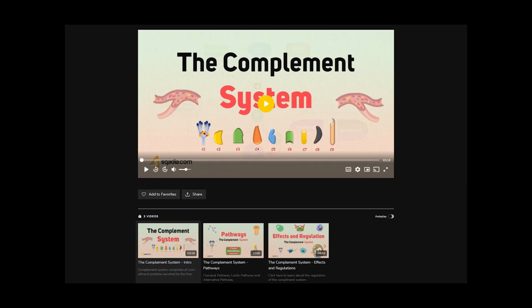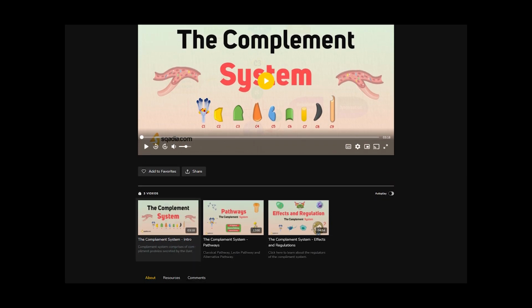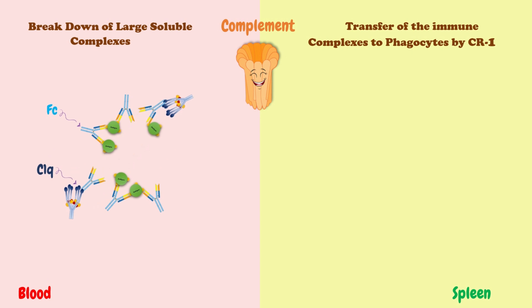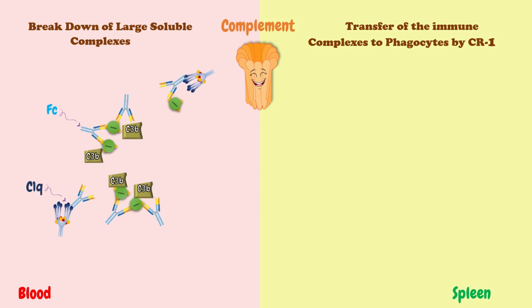So, for a better understanding, do watch that video. Well, small molecular components, especially activated C3, are produced through activation of the complement pathway. Now, the C3b molecules insert themselves into various places in the immune complex and break up the lattice of the immune complex.